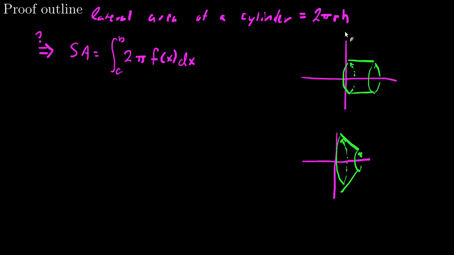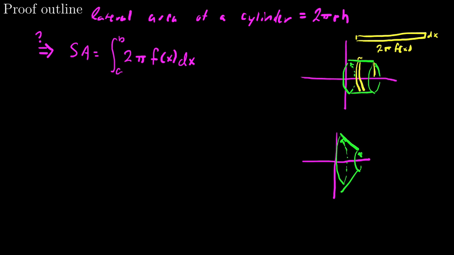When I take a small piece of this, I get a rectangle whose base, so it's going to be a long, thin rectangle, is going to be 2 pi r. In this case, r is that y value, that f of x. And whose height is going to be this here, this change in x.